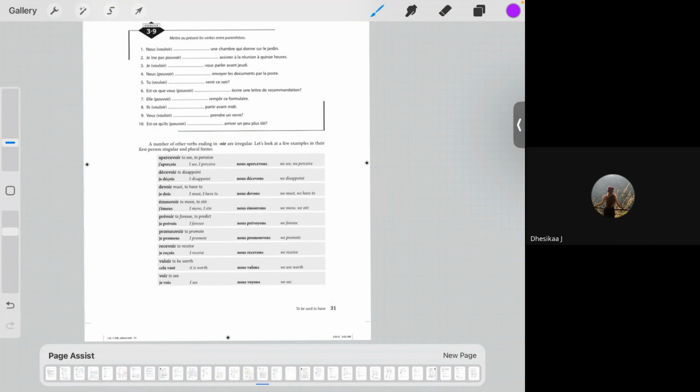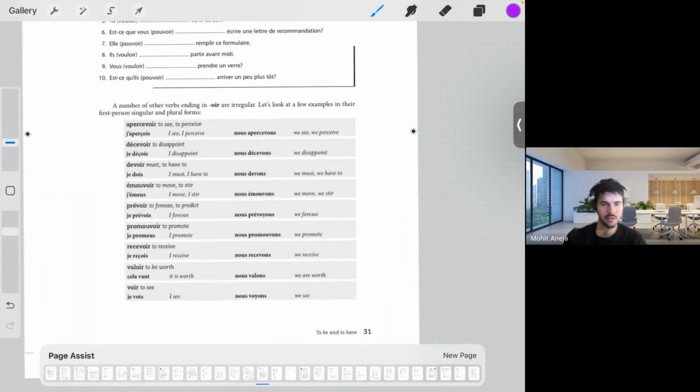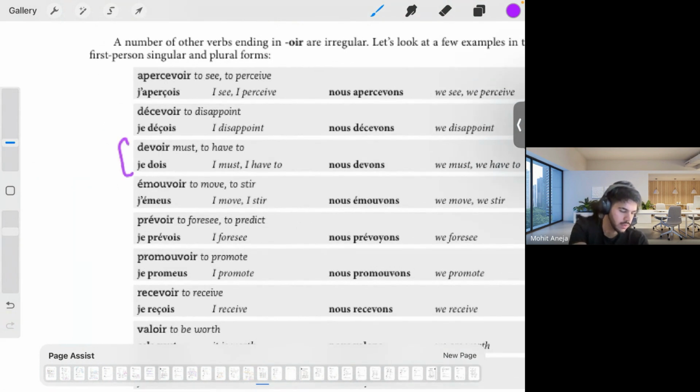Okay, so what we have here is nothing but a list of other irregular verbs. They are irregular, but you don't need to remember all of them. What we want to focus on is avoir, which already has a chapter of its own. It's so important that it has another chapter on its own.